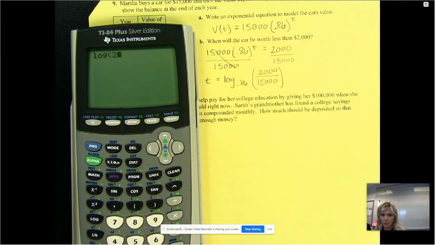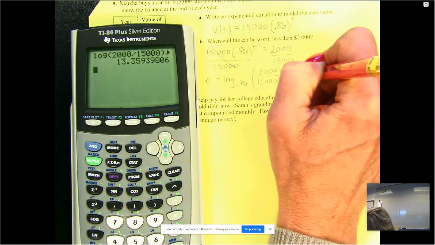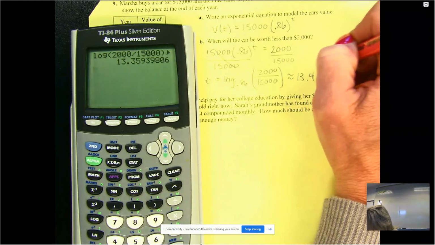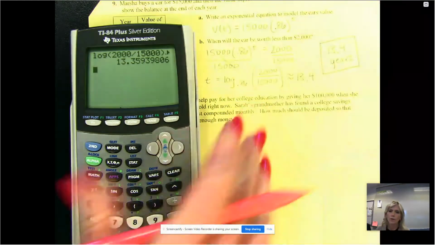The log of 2,000 over 15,000 divided by the log of 0.86, about 13.4. So these are years, 13.4 years until the car's value is less than $2,000.